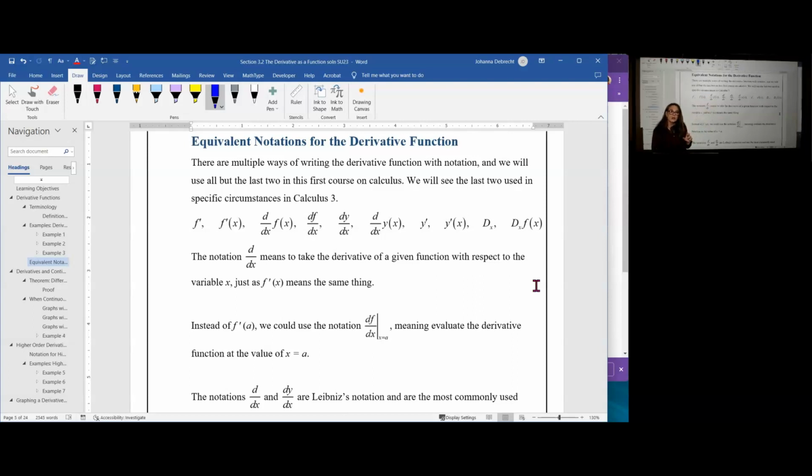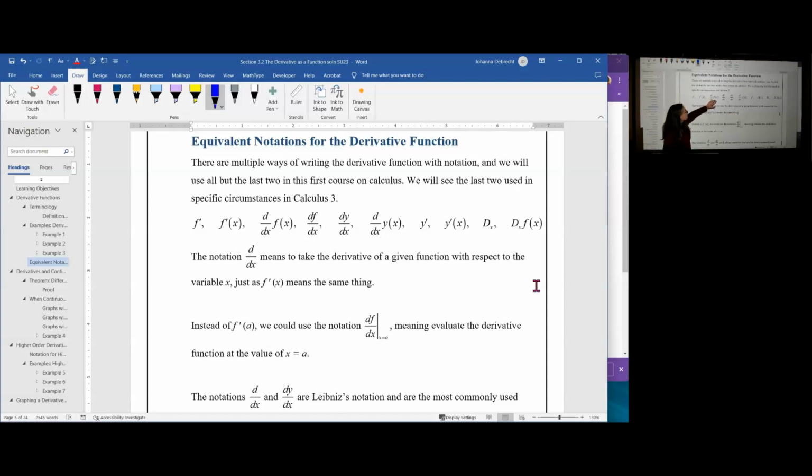In fact, the d over dx is one symbol. It is not a fraction with a numerator and denominator. Now, that said, it behaves like a fraction, and so we treat it like a fraction, but it is not. It is one symbol, d by dx, which represents the derivative operation, like a multiplication operation.